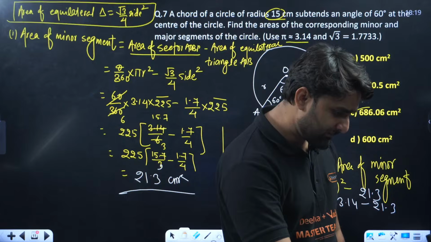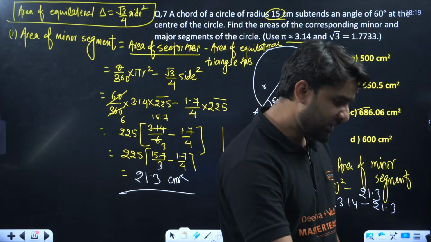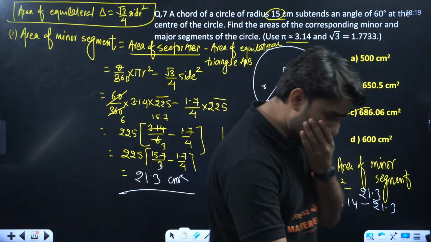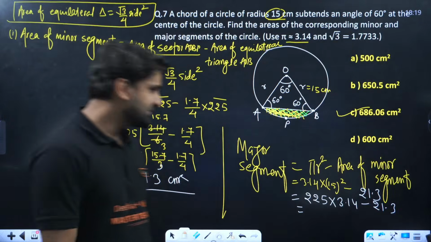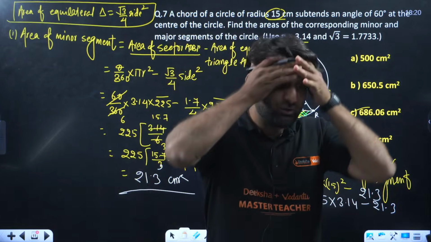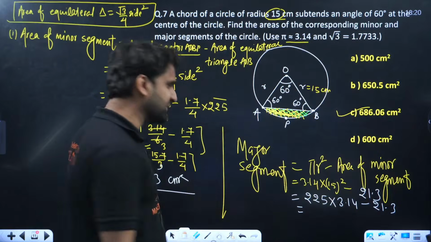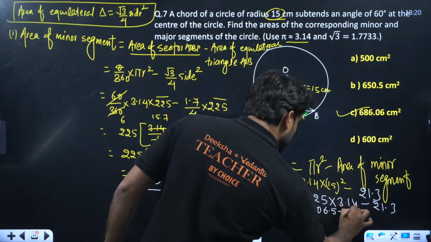225 into 3.14 is 706.5 something, no? 706.5 minus 21.3.